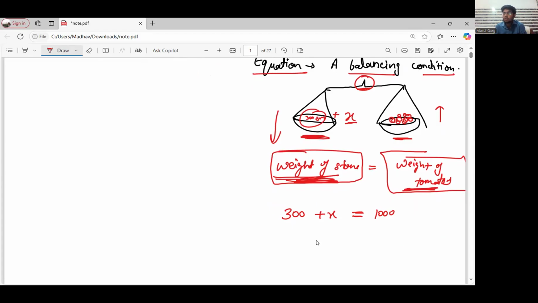So this equation we got here is called a linear equation in one variable.